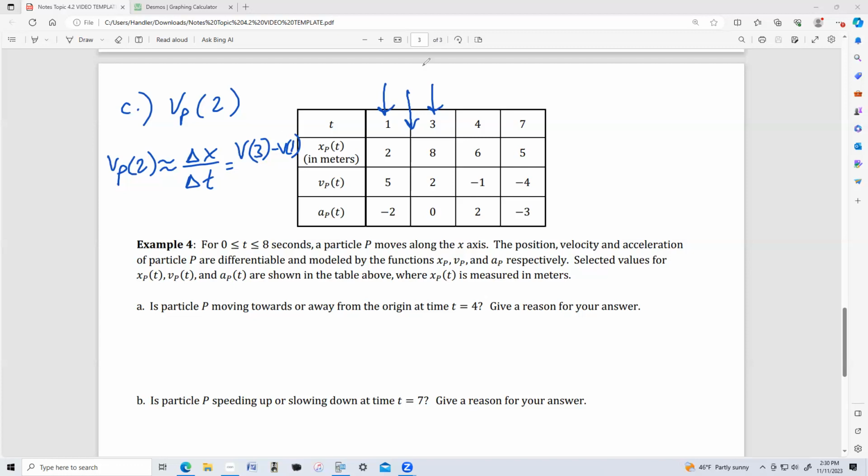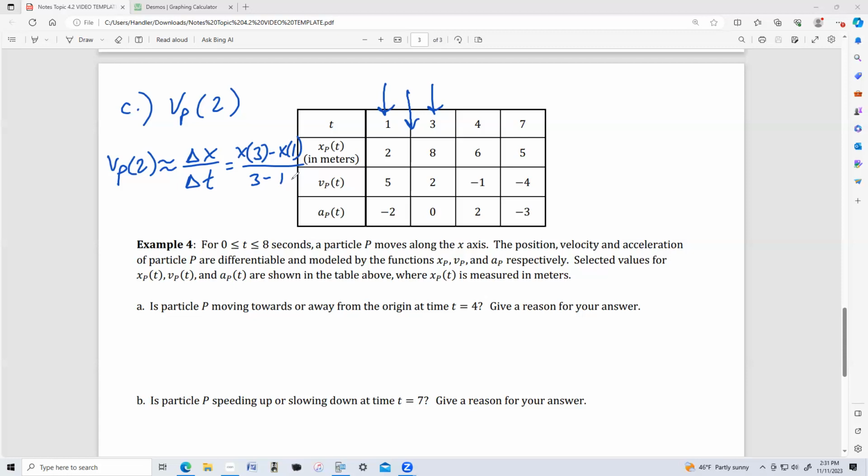Excuse me, that's not right. We have to do change in position. So that'd be x at 3 minus x at 1. That's the change in position in meters over the change in time, which would be 3 minus 1, because 2 is captured in that interval.